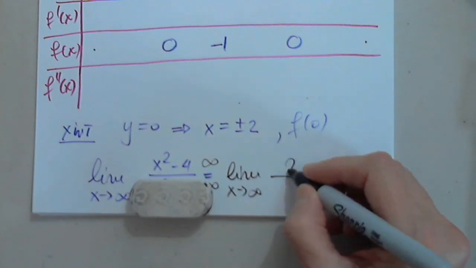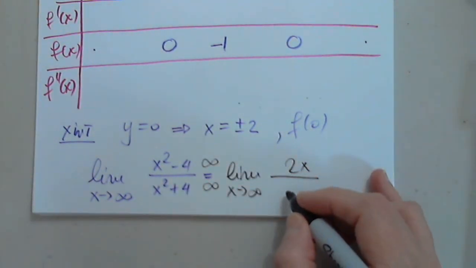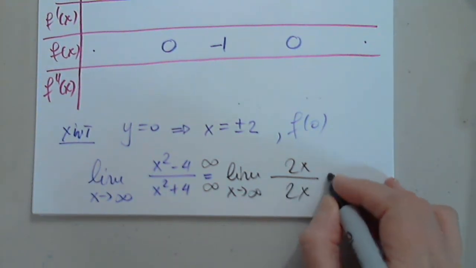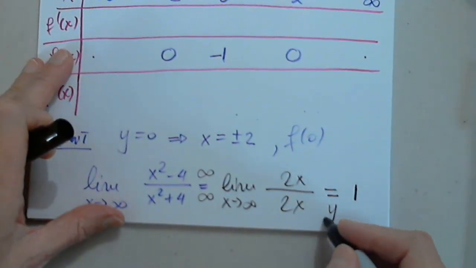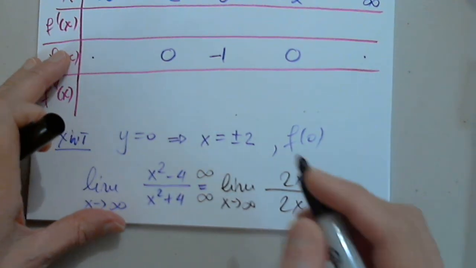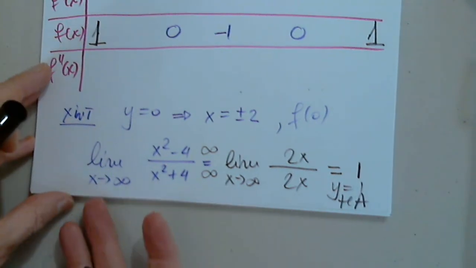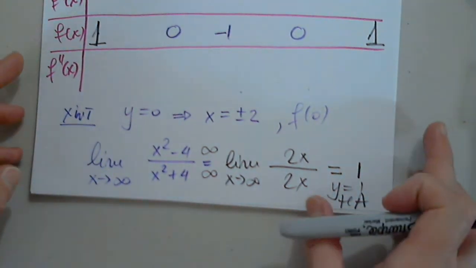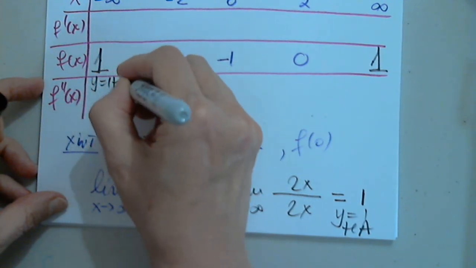So 2x. Good. What about the denominator? 2x. Good. So what is the limit then? 1. That's it. And 1 is a horizontal asymptote. I did not use the negative or positive, so it must be on both sides. So then y equals 1 is a horizontal asymptote.